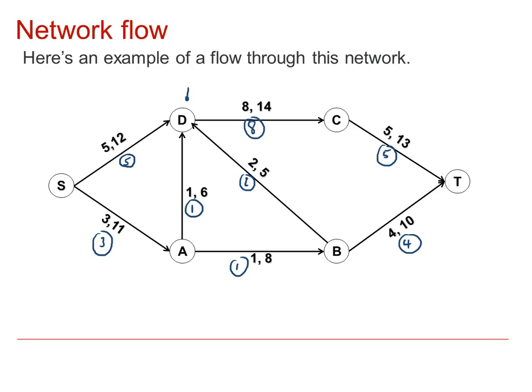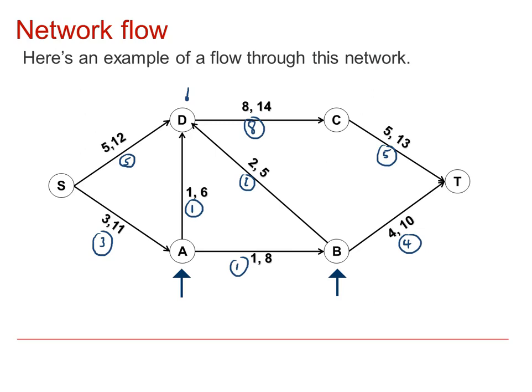Yep, that's fine. What about here though, where we've got 3 flowing into A, 1 goes up to D, but only 1 coming from B. So that's not going to work. We're going to have to increase the flow from A to B. And again, if we look at the flow here, we've got 4 coming out of B and 2 coming out this side.